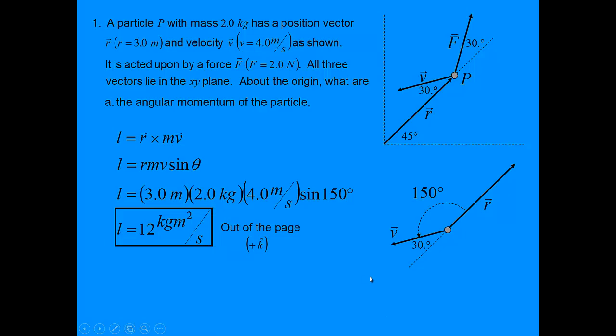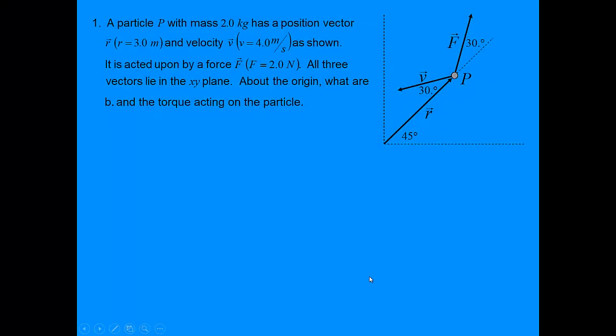Okay. Just as a callback, let's figure out the torque acting on the particle. After all, I did tell you how much force is acting and how far away from the axis of rotation that force is acting. So you might remember torque is R cross F, or R F sine theta, the magnitude of R, the magnitude of F, and the sine of the angle in between. Well, there's F, there's R, and that's a 30-degree angle.